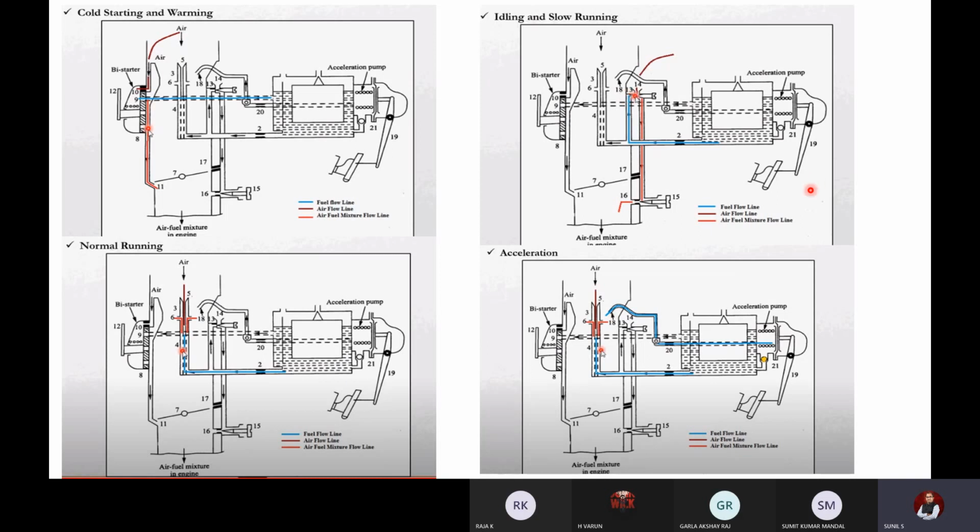Under idling conditions, no acceleration will be given, so the fuel will be sucked here, and the air enters at point 14, and the air fuel mixture, whatever red mark you can see here, will be formed. And it will enter into the engine at point number 16. So under idling condition also, you will not be using the throttling valve. The throttling valve will not be used under idling conditions also. So bypassing of the throttling valve takes place here, and the air fuel mixtures.